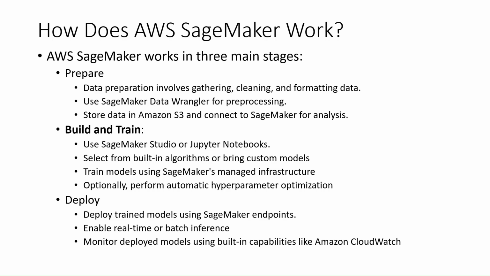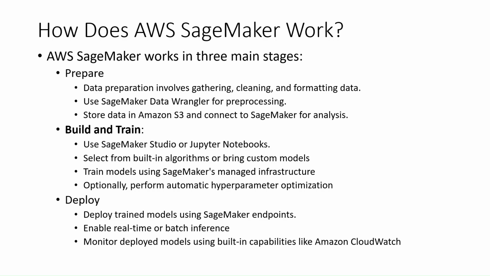And the final stage is deployment. Once the training has been done, that is, building your model after gathering data and training, we can deploy the model using the SageMaker endpoint. The endpoint is where we can access the resources.